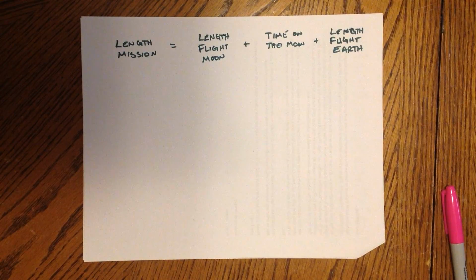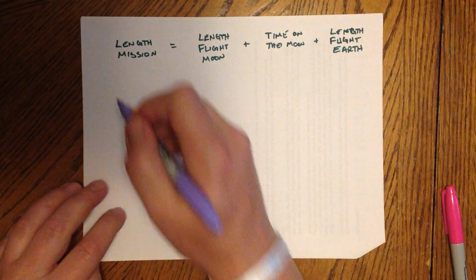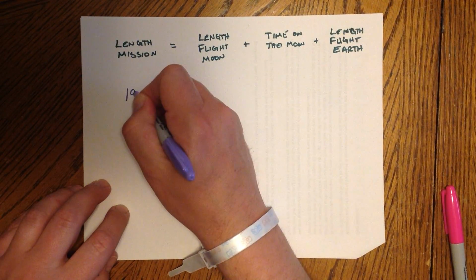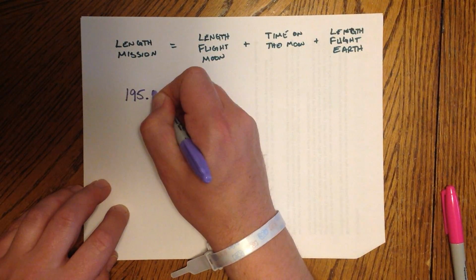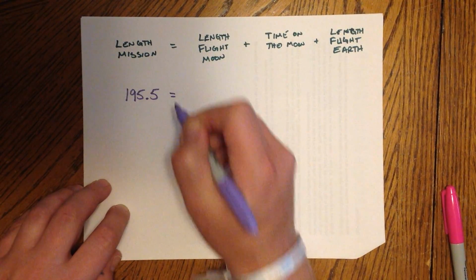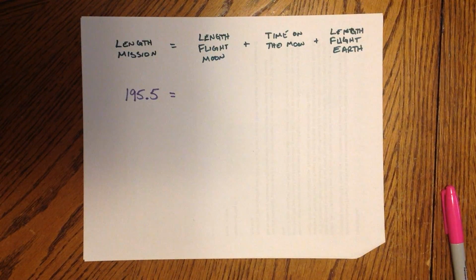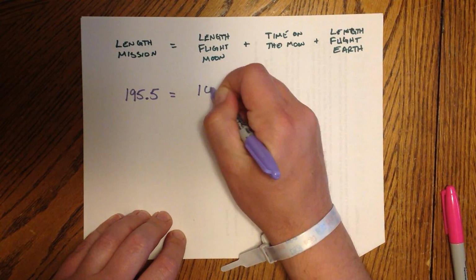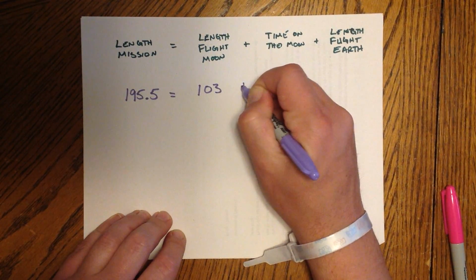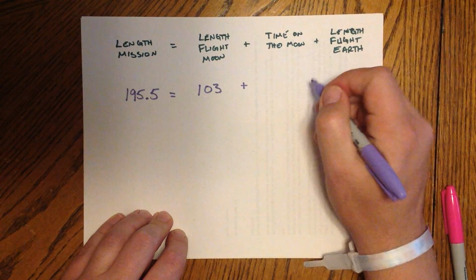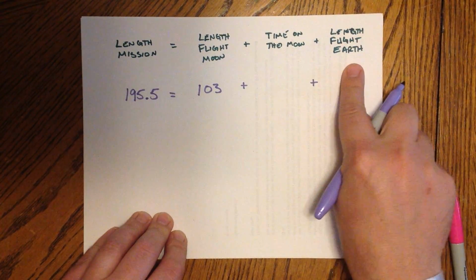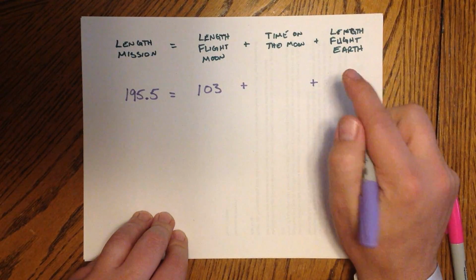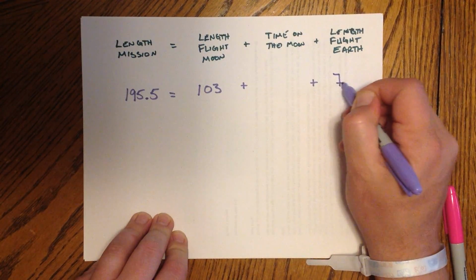I know that the length of the entire mission, because it tells me in the book, is 195.5. And so I'm going to write that right underneath it. The length of the flight to the moon was 103 hours. I don't know the time on the moon, but I do know that the length of the flight back to Earth was about 71 hours.